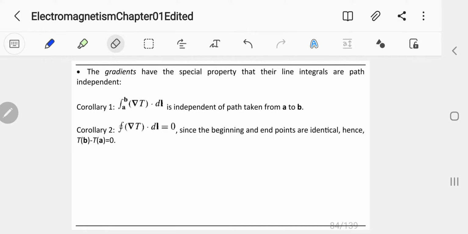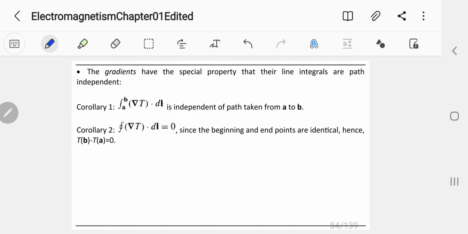The gradient has a special property: if you integrate the gradient dotted with dl from A to B, this is path independent, meaning you can use any path to reach from the initial point to the final point, and you still get the same integral. Any path will do. So a straight line path can do as well.